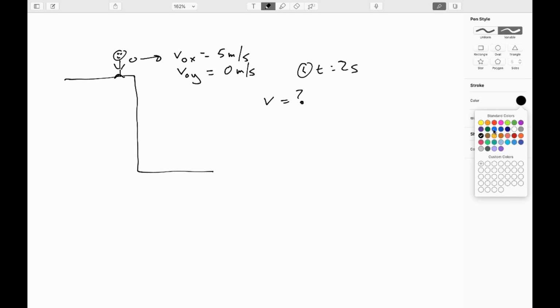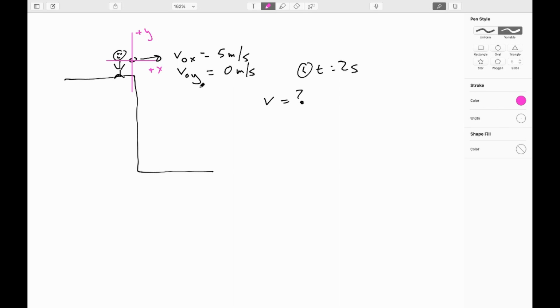So when you're doing a problem like this, the first thing that you'll always want to do is pick a coordinate system. I'm going to do this one twice just to give you some options. In my first go around, I'm going to make the usual choice of coordinates, that plus x is to the right and plus y is up.